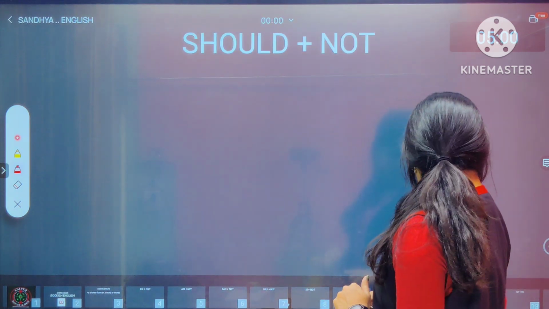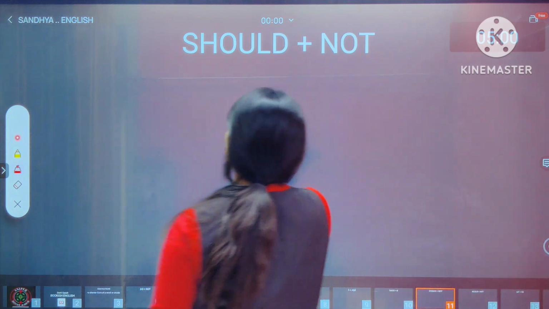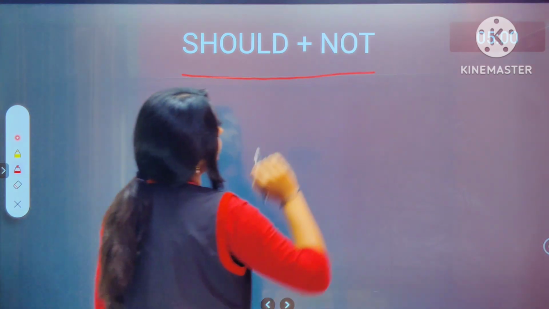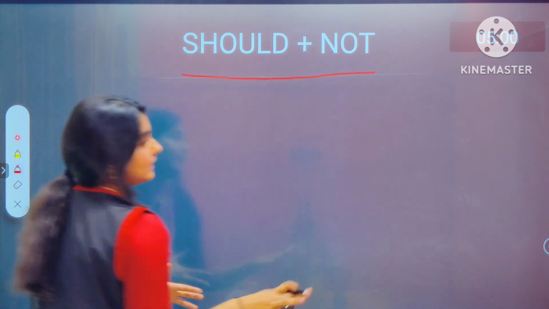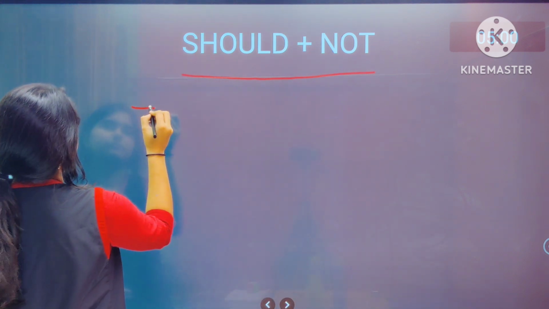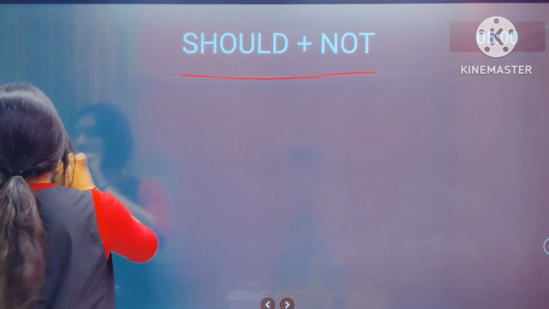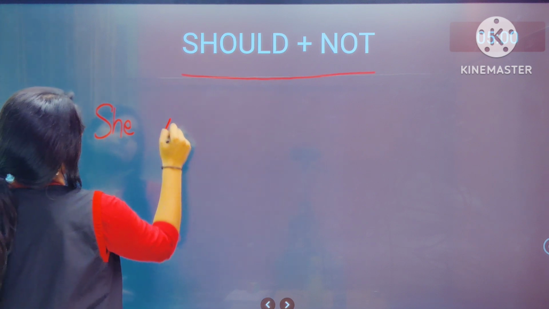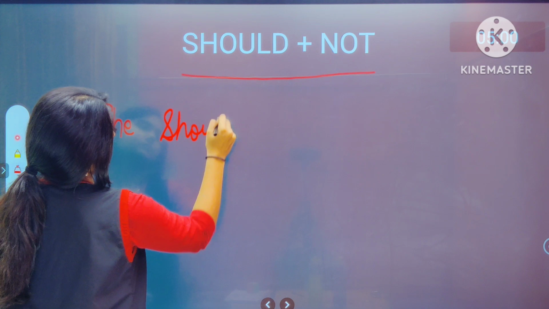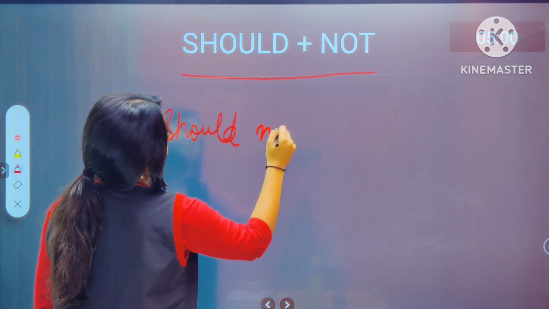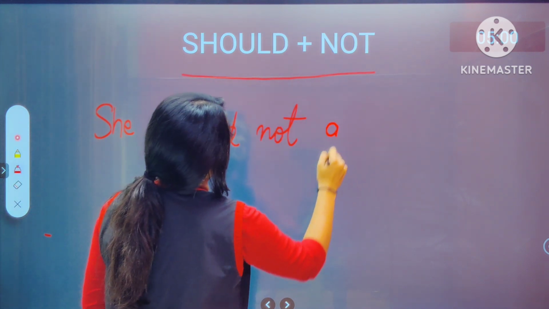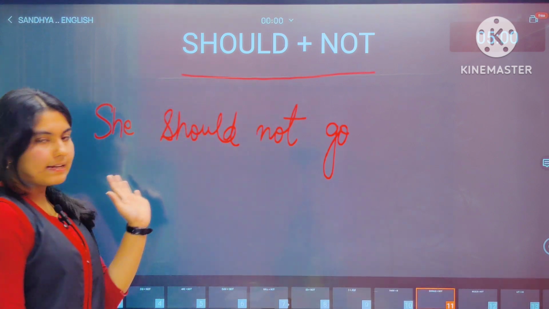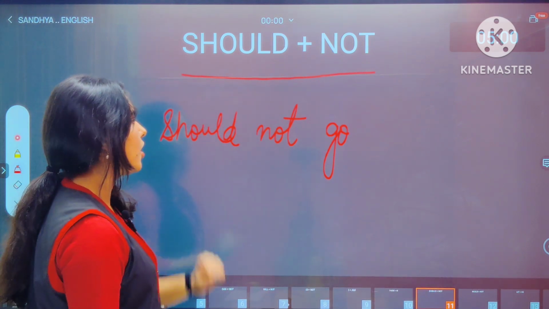The next contraction which we have is should not. Again, let's just see it in an example. Here the sentence we have is she should not go.